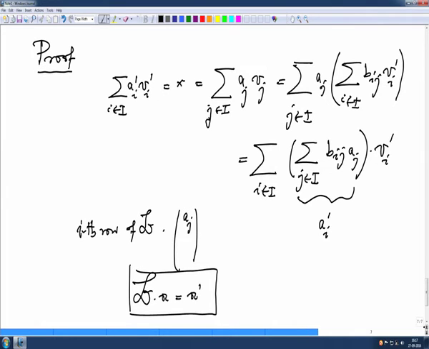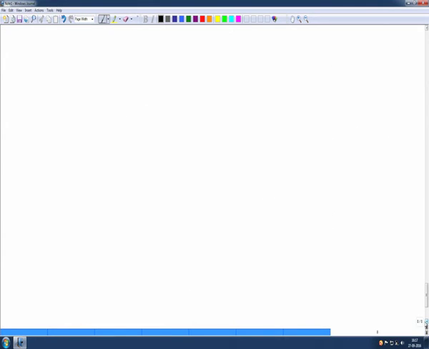Okay, so that was the lemma. Now I want to write the full theorem, that is change of basis.